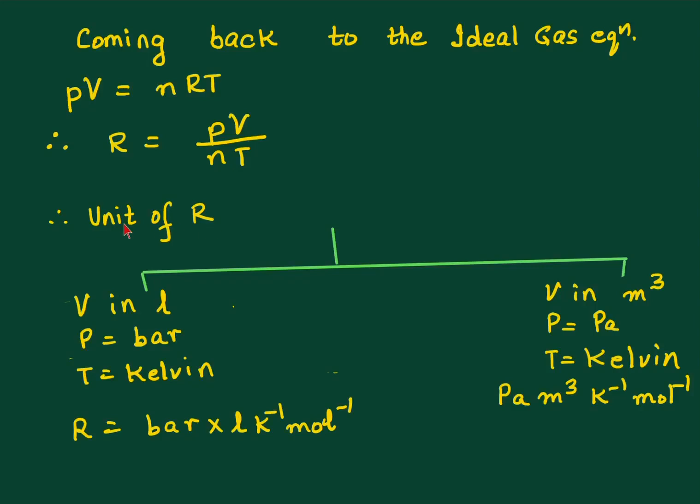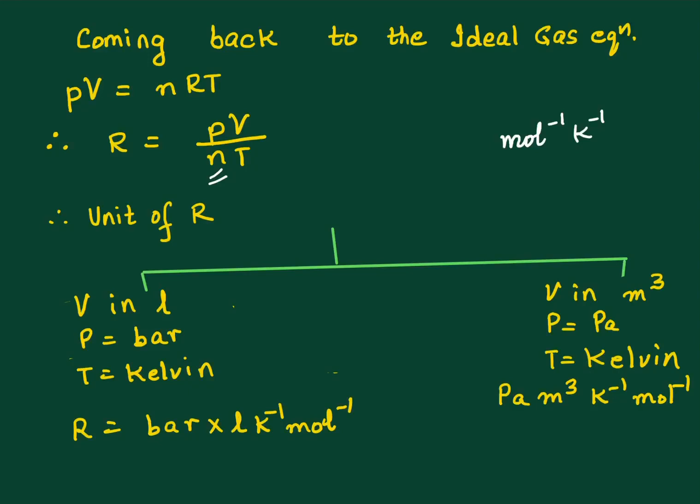So what is the unit of this R? It all depends upon what is the unit of pressure and volume being taken by you. Temperature, as we said, always is in Kelvin. And number of moles, because it is in the denominator, per mole per Kelvin is definitely there in your unit.